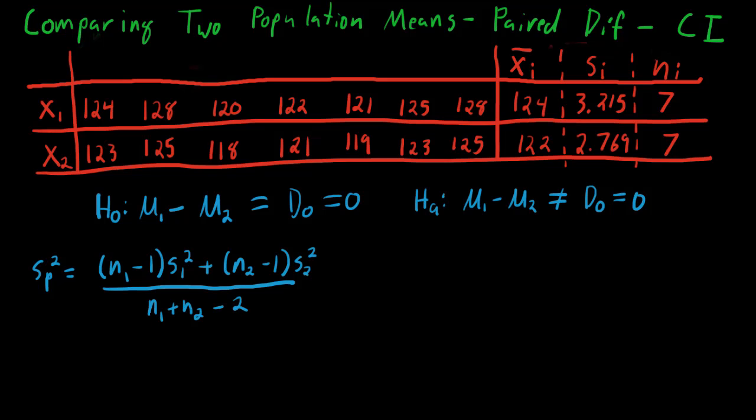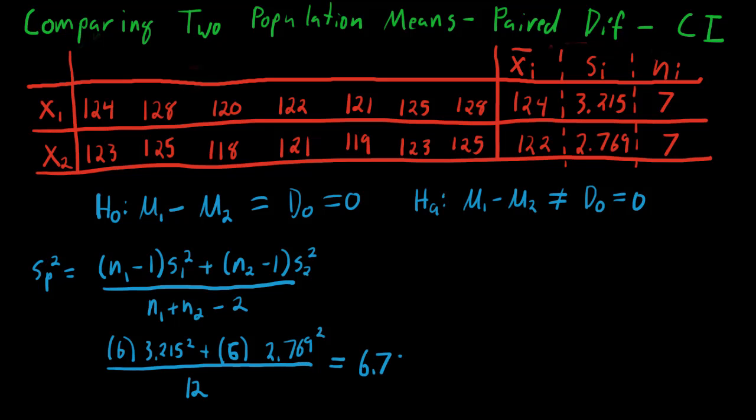If we fill in our values here, we have n1 minus 1, so 6, times s1 squared, or 3.215 squared, plus, again, 6 for the number of samples, times 2.769 squared, and all that over 7 plus 7 is 14, minus 2, so we get 12 on the bottom. If we carry all that math out, we get an sp squared value of 6.75.